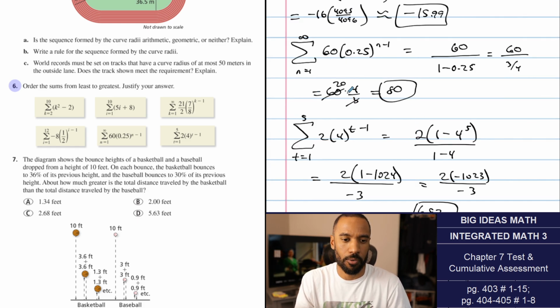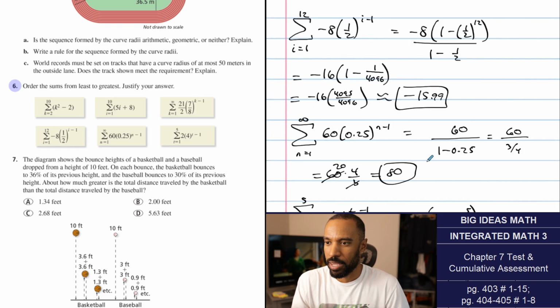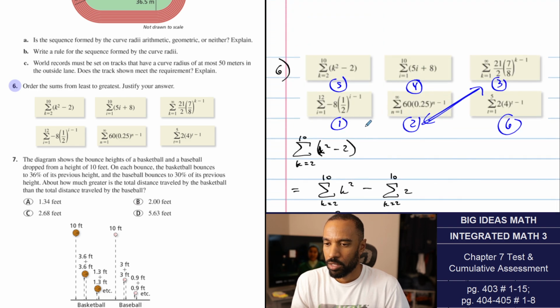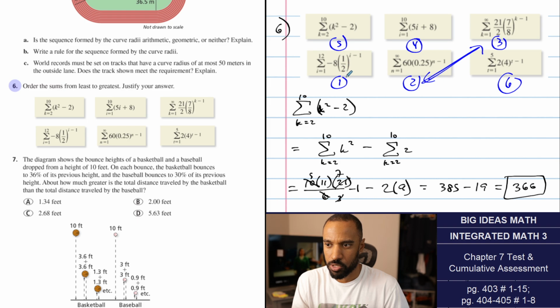All right, so what are our rankings here? This is the biggest, I believe. 682, yes. So this was the smallest because it was negative. And then this guy was smaller than that guy. They were smaller than the 355 and 366, right? Which one is 355? Where's 4?